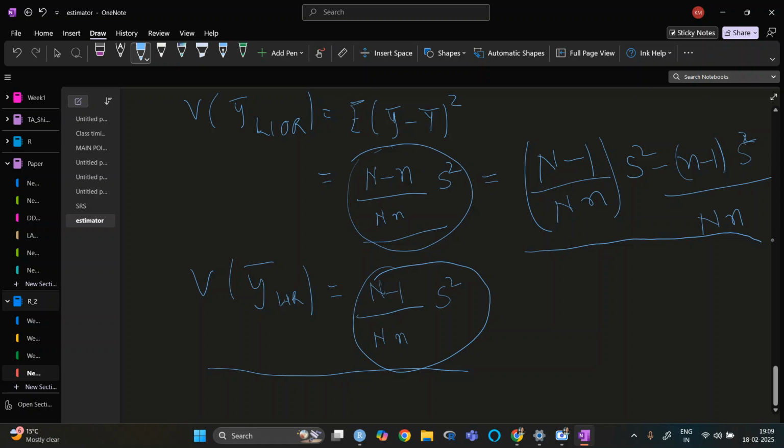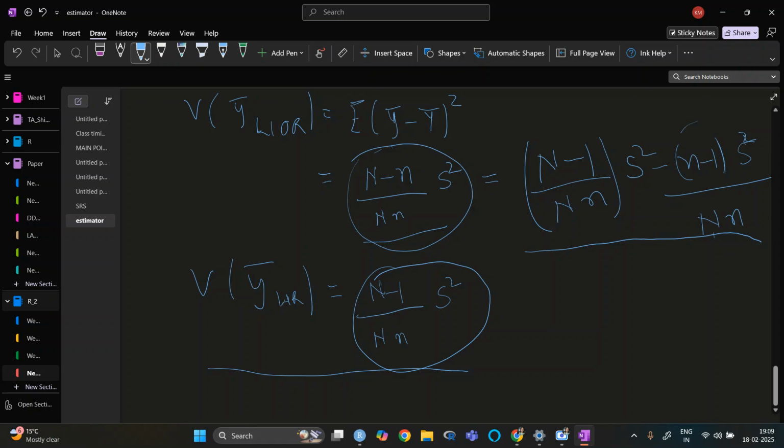Now we know that small n is a positive quantity, S square is a positive quantity, and n is greater than 1. The sample size is greater than 1, which is quite obvious since we take a sample size greater than 1.